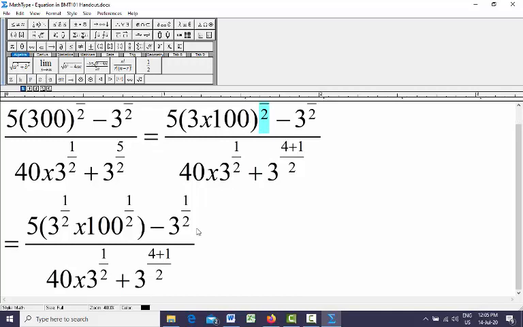Right, okay. So now what can we do here? Can we write it like this? See here we have 4 plus 1 divided by 2, so we can write it like 4 by 2 plus 1 by 2.